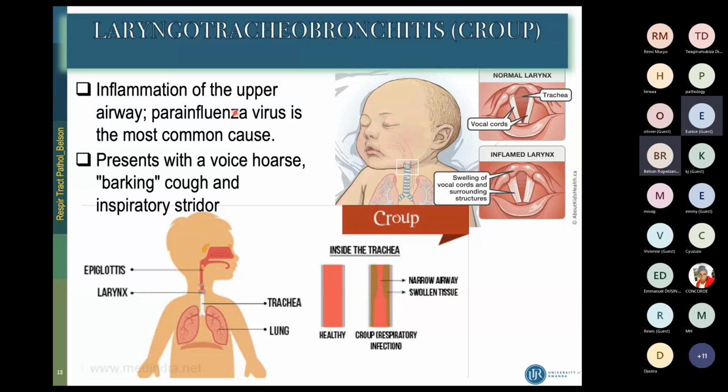So you do it, and of course you treat the cause of inflammation, and you make sure the swelling is resolved, giving adequate drugs and so on. So in a few hours, you remove the tube.